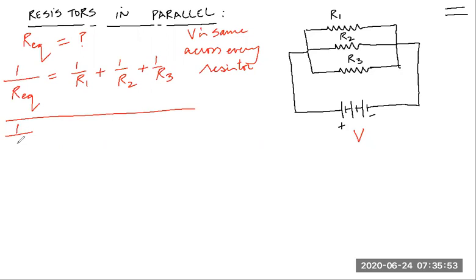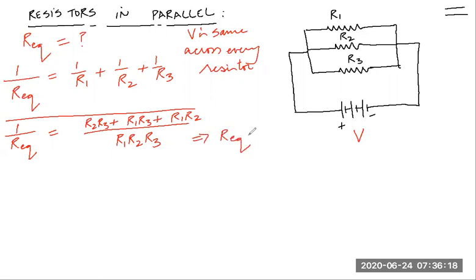You just see, 1 by R equivalent is equal to, take LCM R1, R2, R3, and here you get R2 R3 plus R1 R3 plus R1 R2. All right, guys. So you could say that equivalent resistance is equal to the reciprocal of this, R1 R2 R3 divided by R2 R3 plus R1 R3 plus R1 R2.